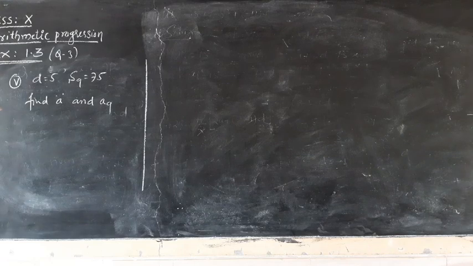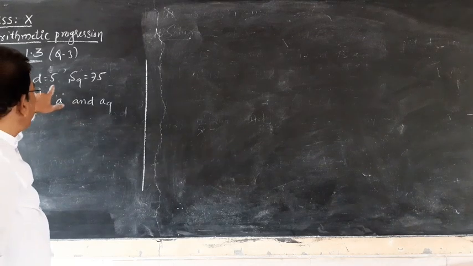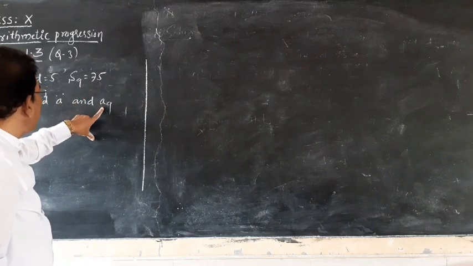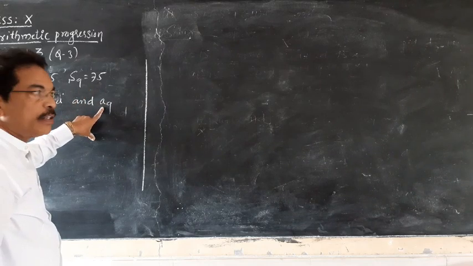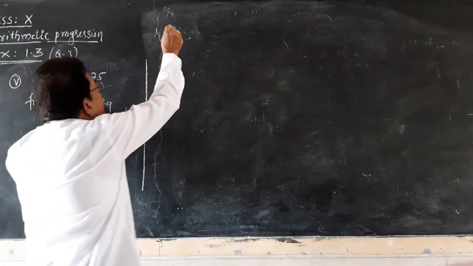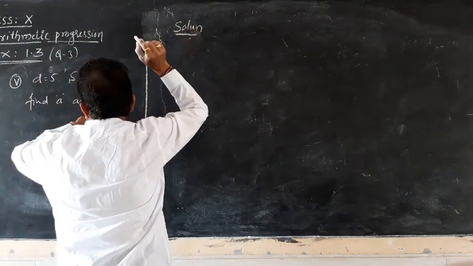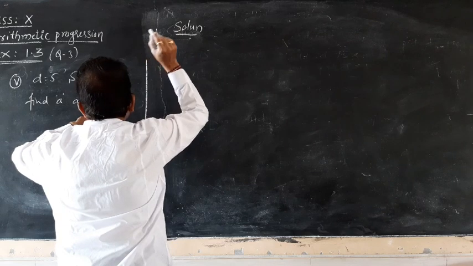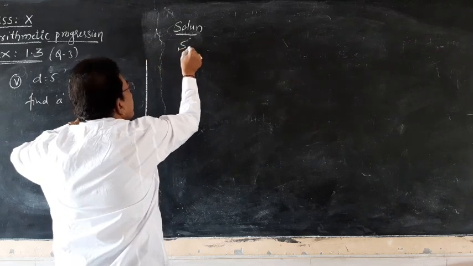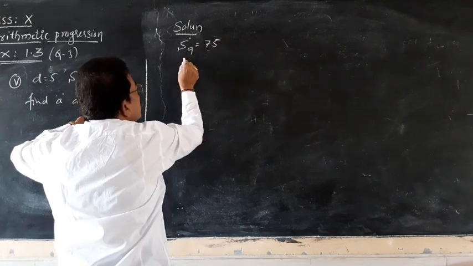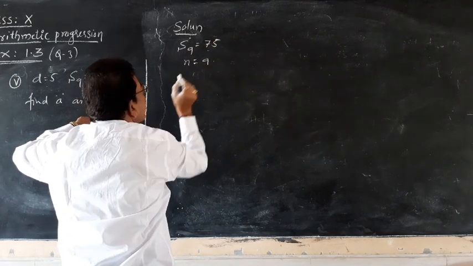Find a and a9 given that d equals 5 and S9 equals 75. Now S9 equals 75, which means n equals 9.